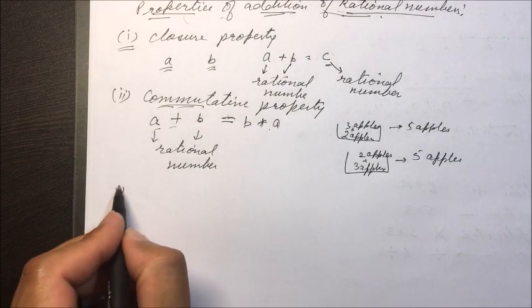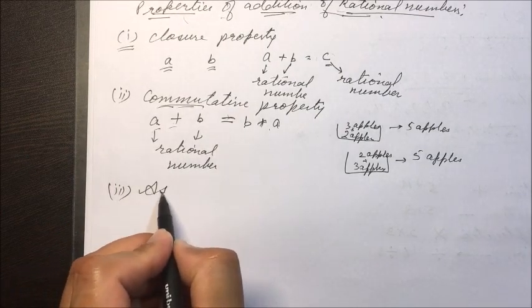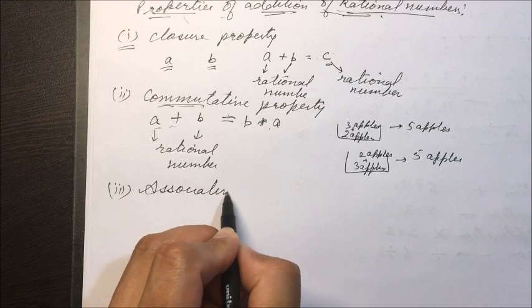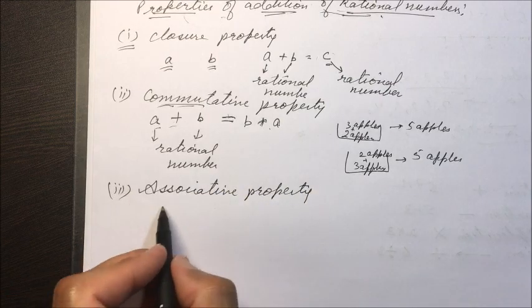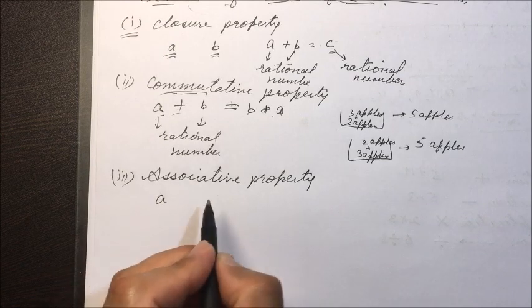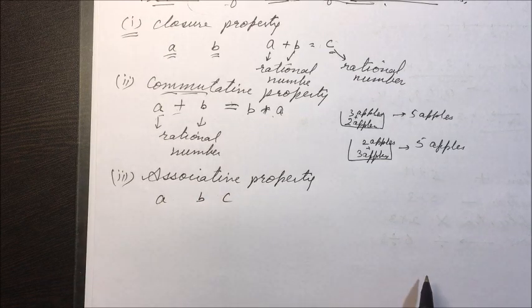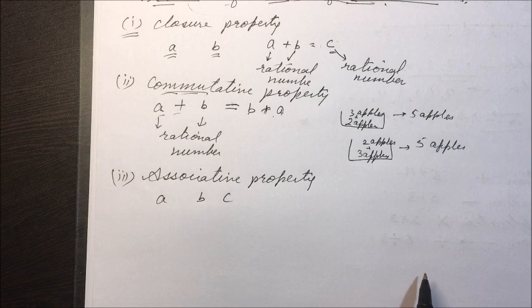Third one, associative property. For example, you have three rational numbers, and you add them in any order.